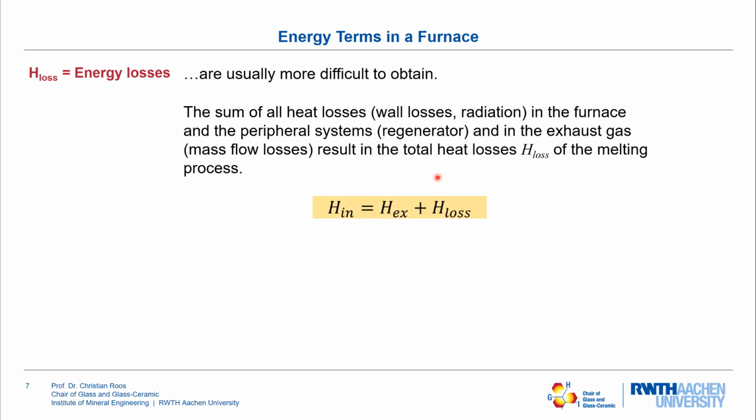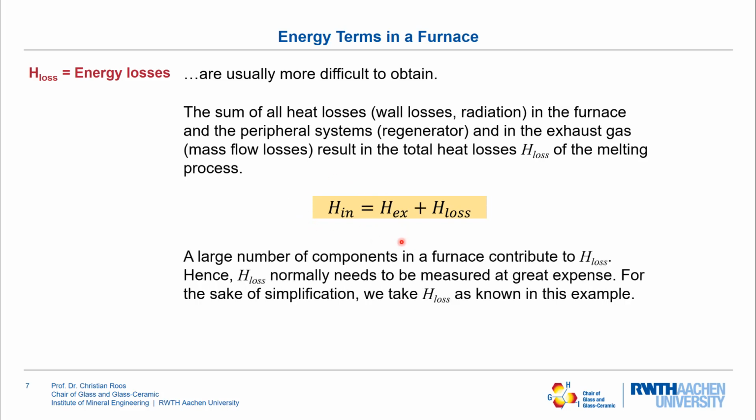And as mentioned earlier, the loss terms plus the exploited heat equals the actual energy that needs to be brought into the furnace. As normally a large number of components contribute to the loss terms, in reality the loss terms normally need to be measured with quite great expense. And for the sake of simplification, in our example here, we take the loss terms as already known.